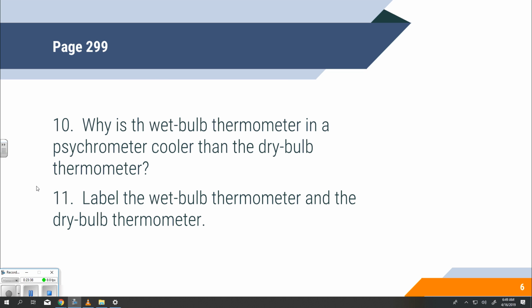Question 10. Why is the wet bulb thermometer in a psychrometer cooler than the dry bulb thermometer? Answer: water evaporates from the cloth, causing the cloth to be cooler.